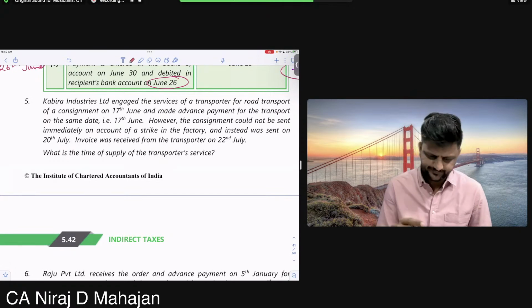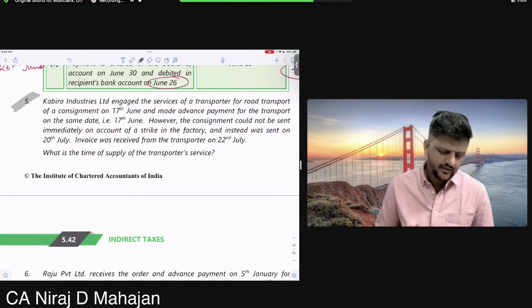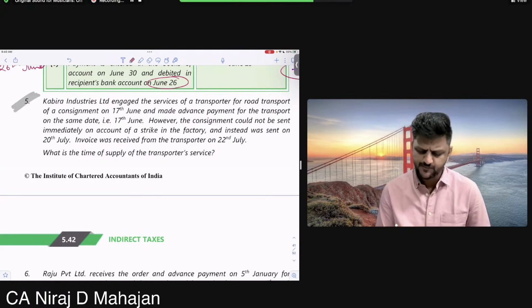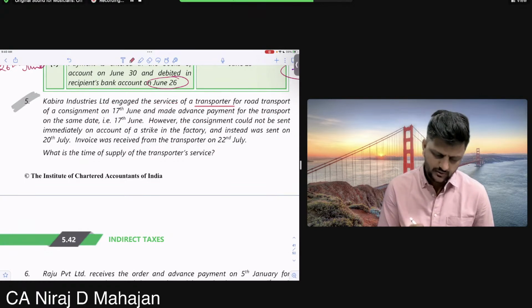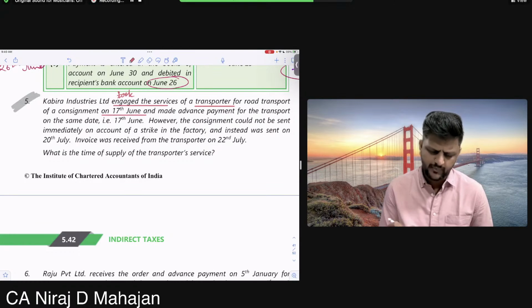Kabira speaking. Industries engage the service of a transporter of roads, transport of a consignment. Okay, they took the service. Engage the service, I mean, they took the service. Took the service on 17th June and made advance payment for the transport on 17th June.